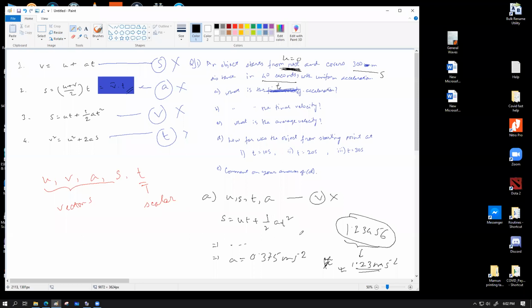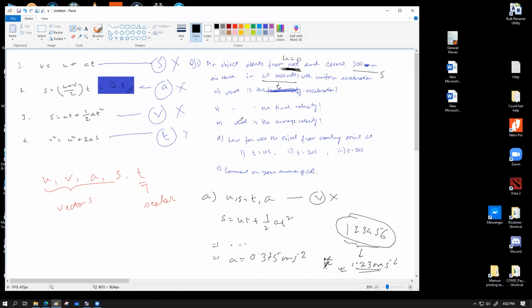For every calculation, do we have to specify 3 significant figures? That's one way to answer the question. The bottom line is, let me specify this for you: in one mathematical question, you can keep all of your answers in one significant figure. For example, in this question, how many mathematical questions do we have?